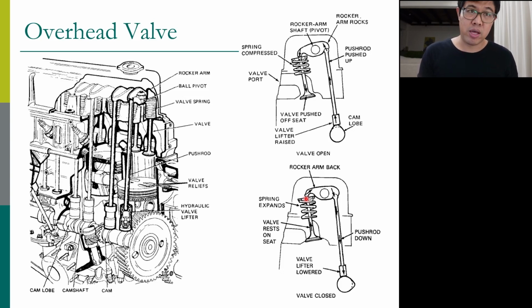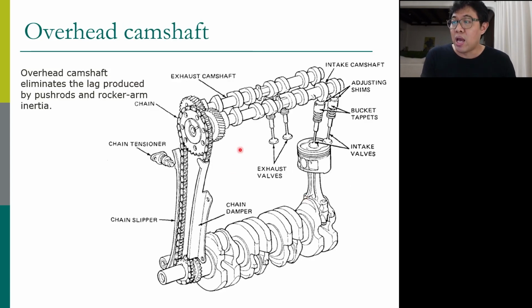Therefore, for new engines, we try to remove components or parts of the valve train, and we use the overhead camshaft. This overhead camshaft has cam lobes, and the cam lobe pushes down on this bucket. Now we call it a bucket tappet, the same thing. In Thai we call it ลูกถ้วย.